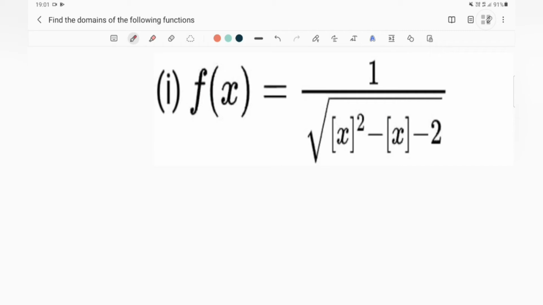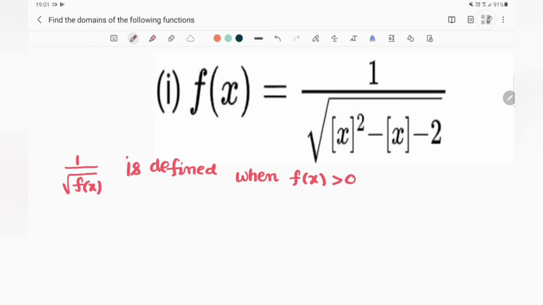We already know that whenever the function is of the form 1 by root f of x, it is defined when f of x is greater than 0.